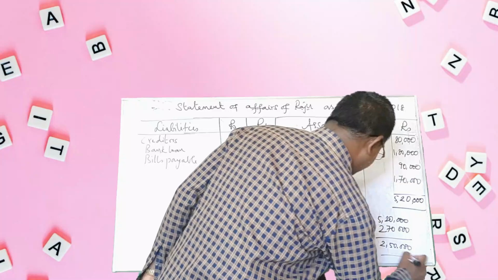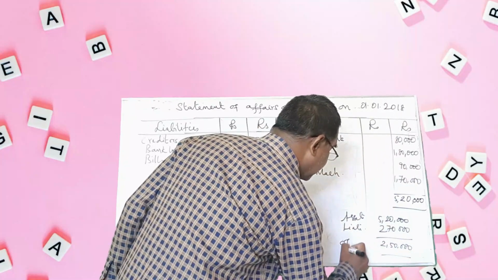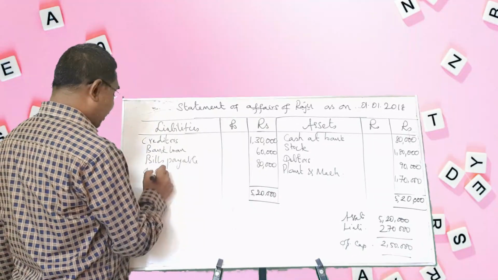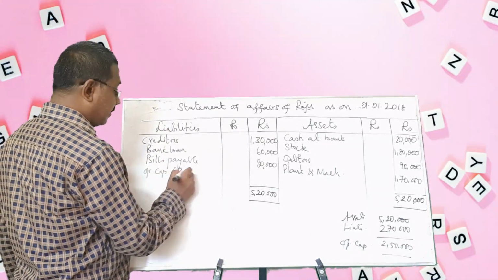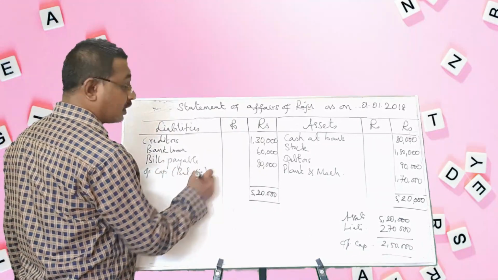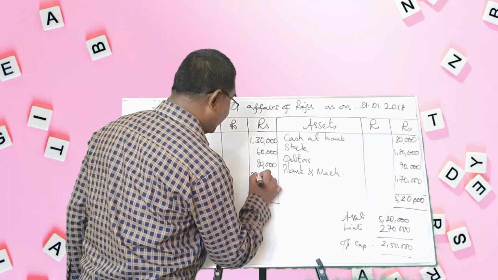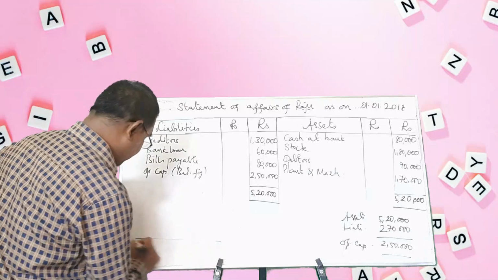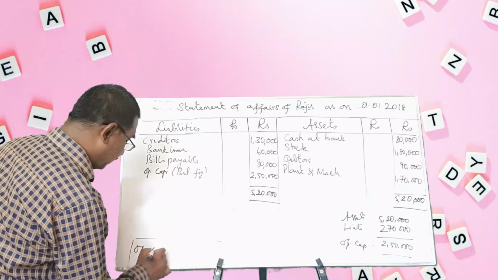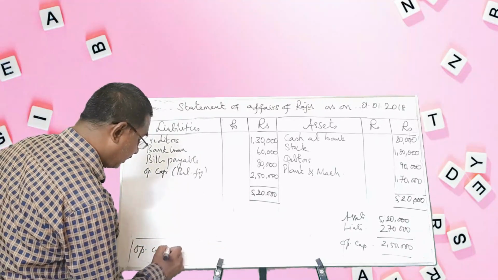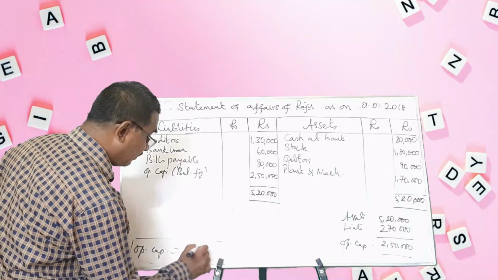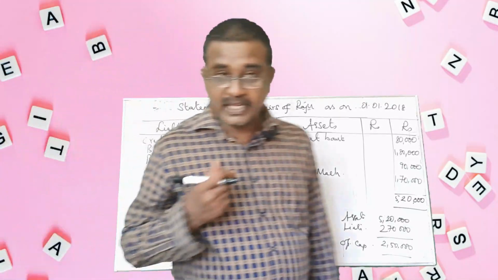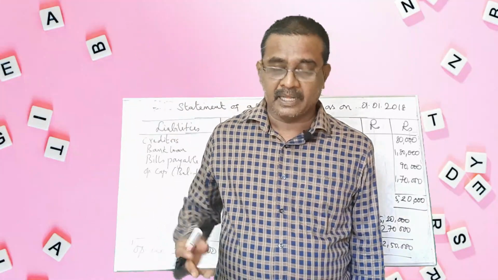And the balance is the capital, that is opening capital. So you have to write opening capital, balancing figure. What is that amount? 2,50,000, and we show it separately as opening capital, 2,50,000. See, we have found out the opening capital.